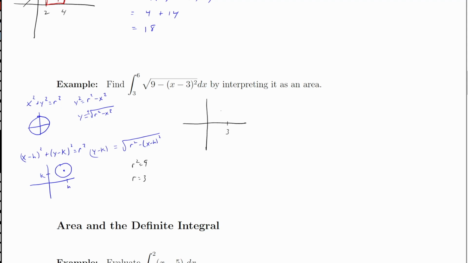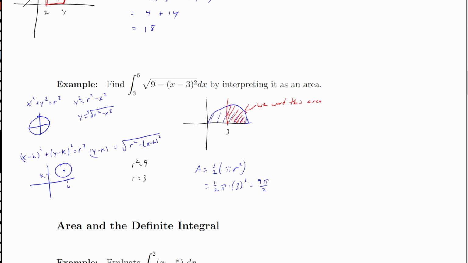So what we have is a semicircle, radius 3 right here. And the area of a semicircle is half of the area of a circle, which is half of pi times 3 squared, which is 9 pi over 2. And what I want is the integral from 3 to 6. So I just want this piece.